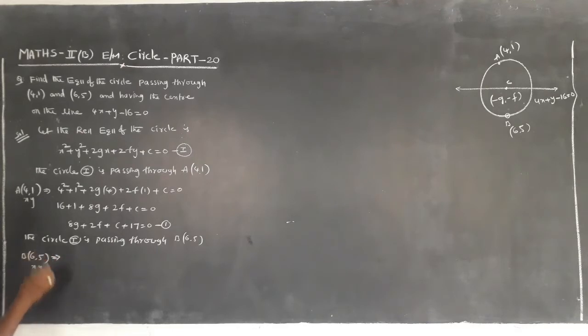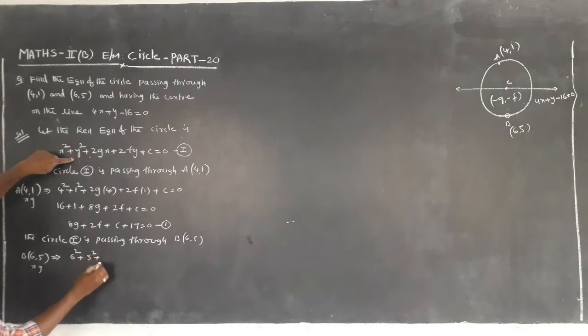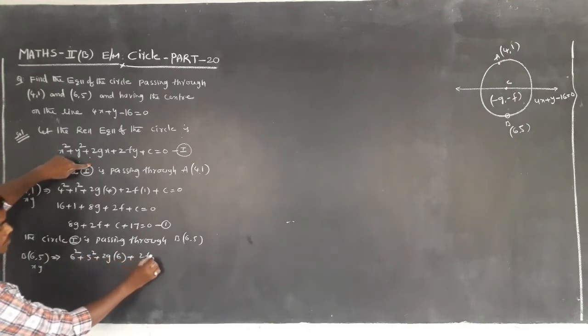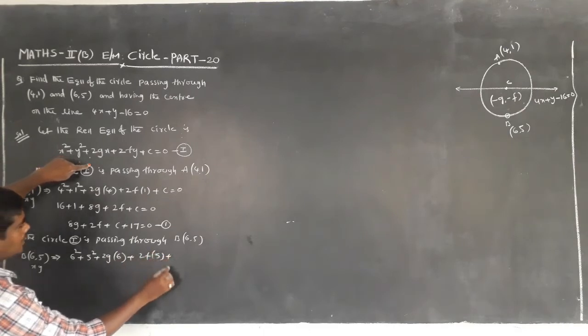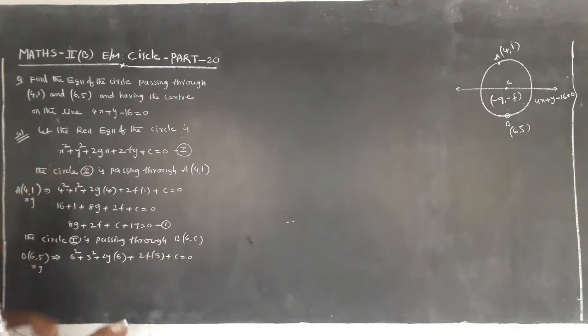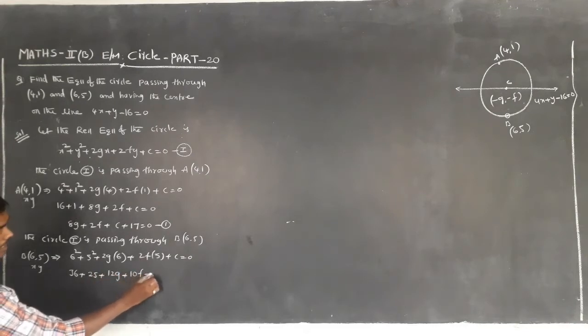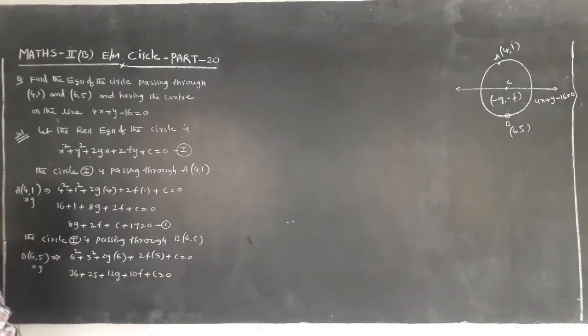Here substitute x equal to 6, y equal to 5: 6 square plus 5 square plus 2g into 6 plus 2f into 5 plus c is equal to 0. 6 square is 36, 5 square is 25, 2 6s are 12g, 2 5s are 10f, plus c is equal to 0.